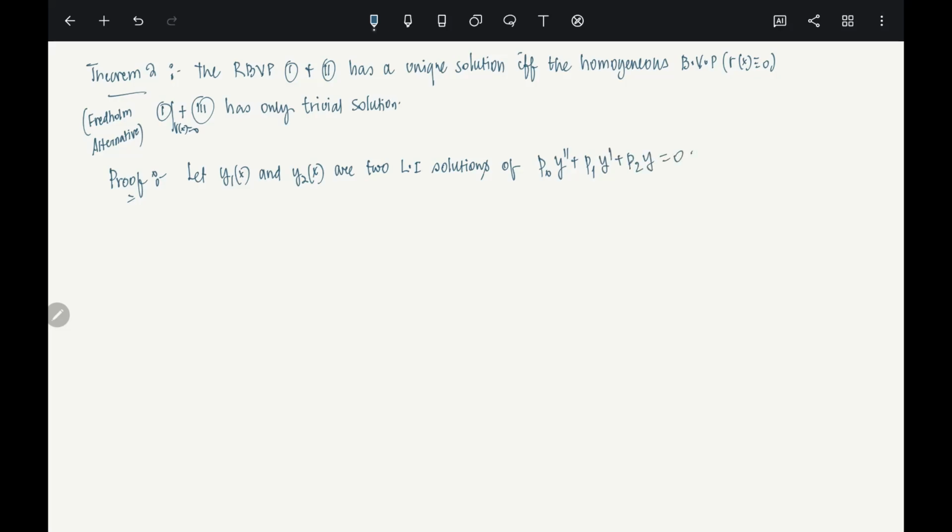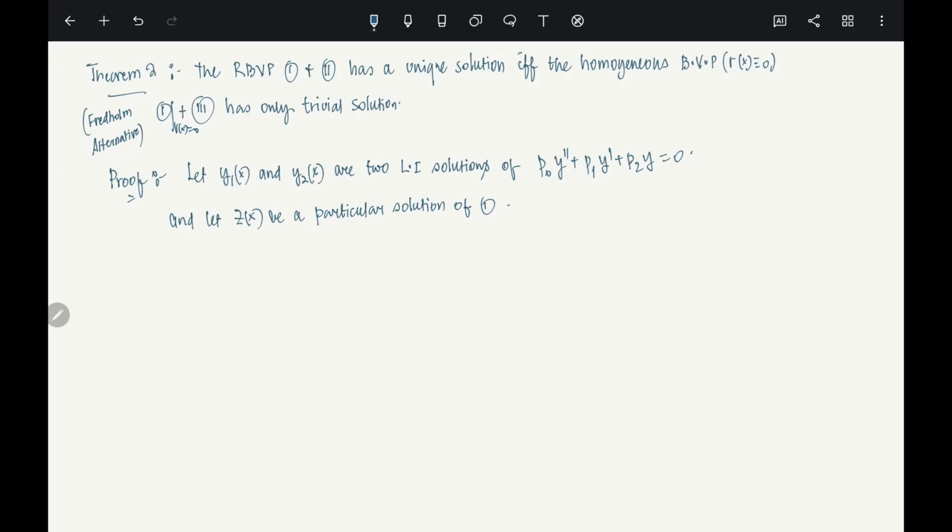And let z of x be a particular solution of the inhomogeneous problem, equation 1.